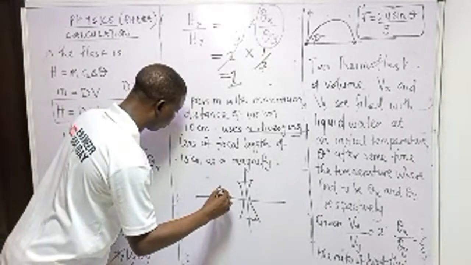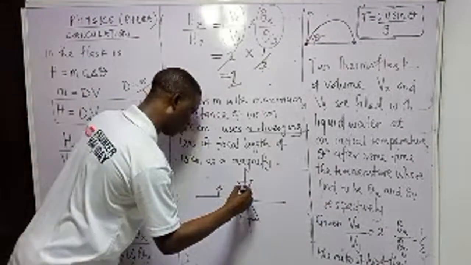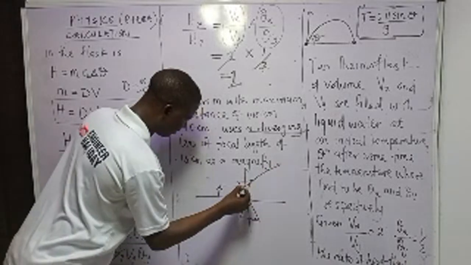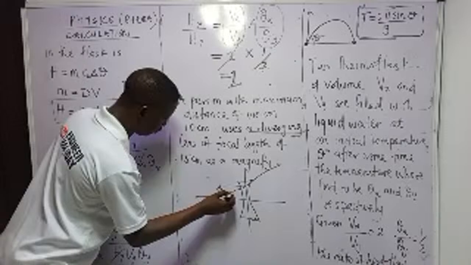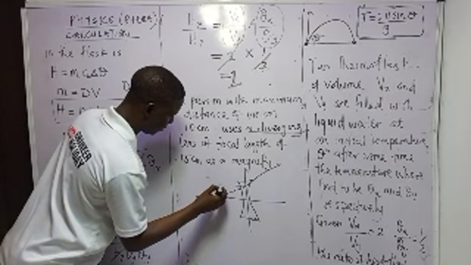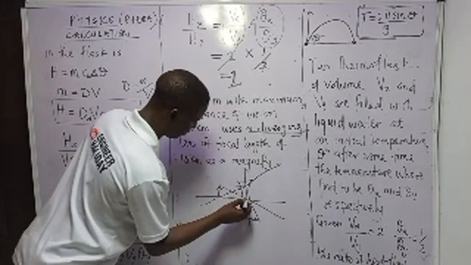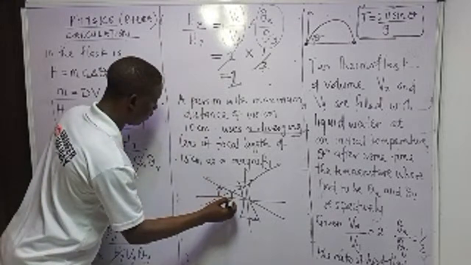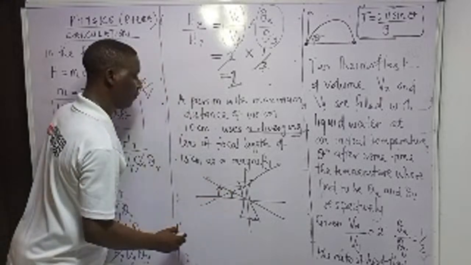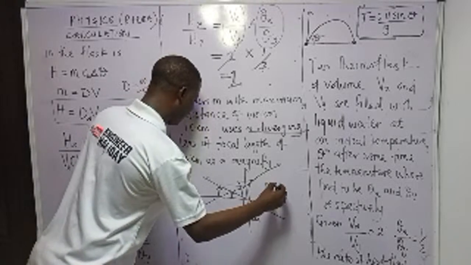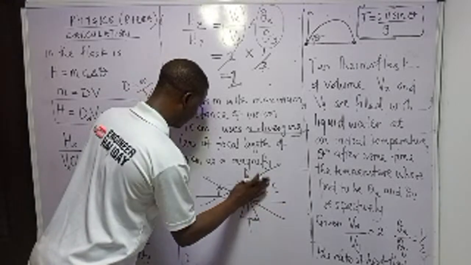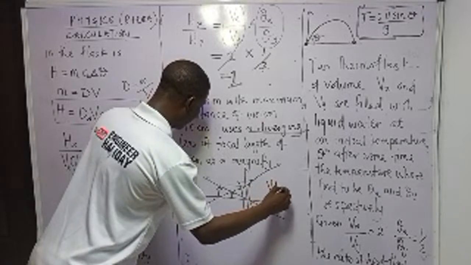Now look at the board. If you put an object here, look at what will happen. The image formed will be diminished, erect, and virtual. That means virtual, erect, and diminished.